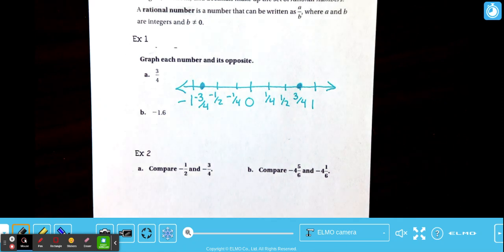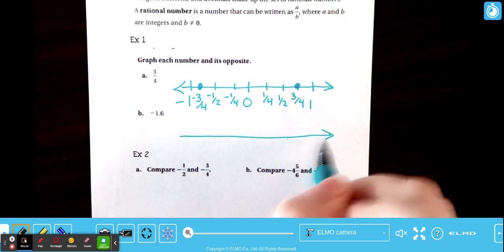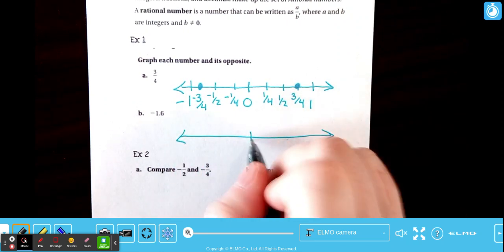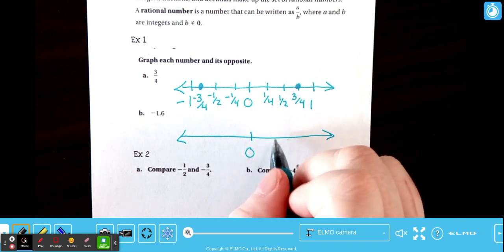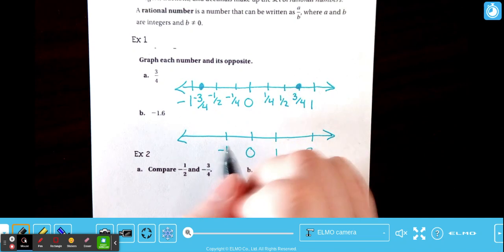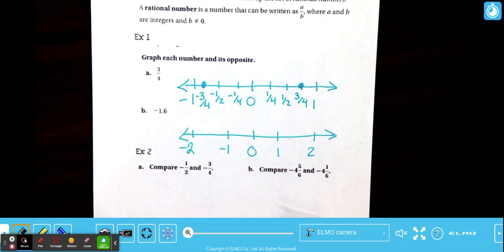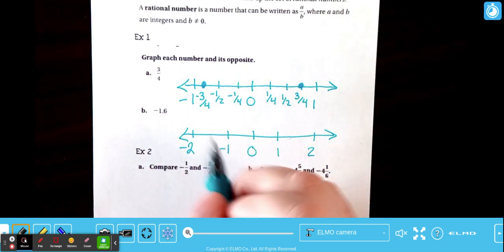All right, B. What is the opposite of -1.6? +1.6. All right, so I'm going to put 1 and 2, -1 and -2. So -1.6 is going to be somewhere between -1 and -2, right? So it's 6/10. So I'm going to mark this off by tenths.